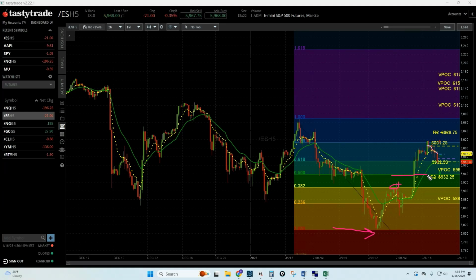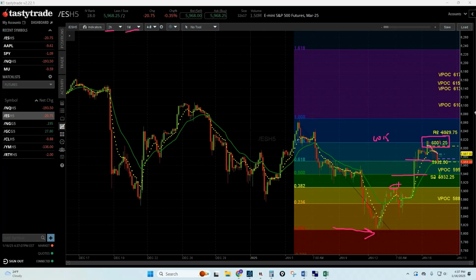Then we blew through this 50% because of the CPI data. Now remember, this is a 1 month, 2 hour chart. This is when the CPI number came out. But we took out the 61.8 and then we stopped. This was a target we gave people in the room at the 78.6% retracement up at 60.15, and that was a target that I gave people several days ago based on the fibs.